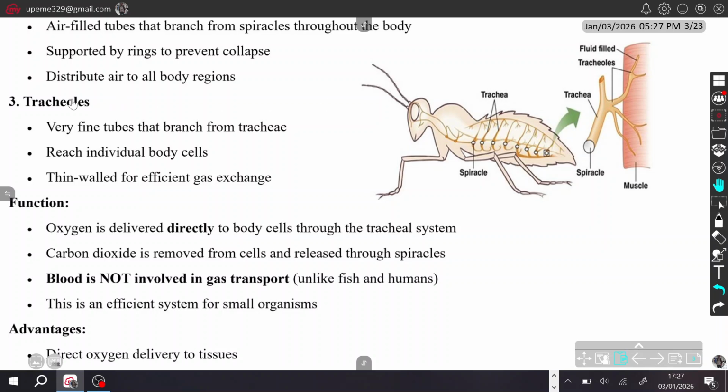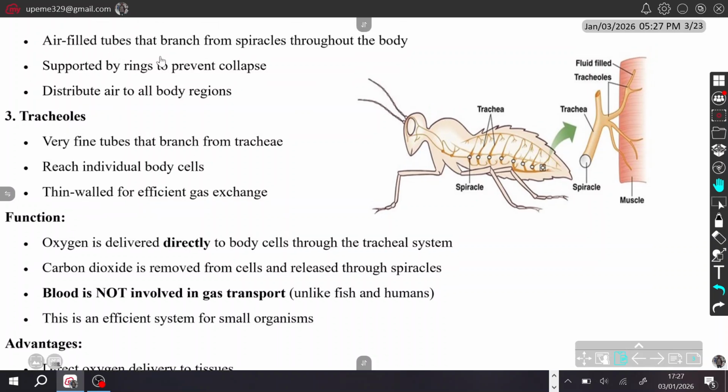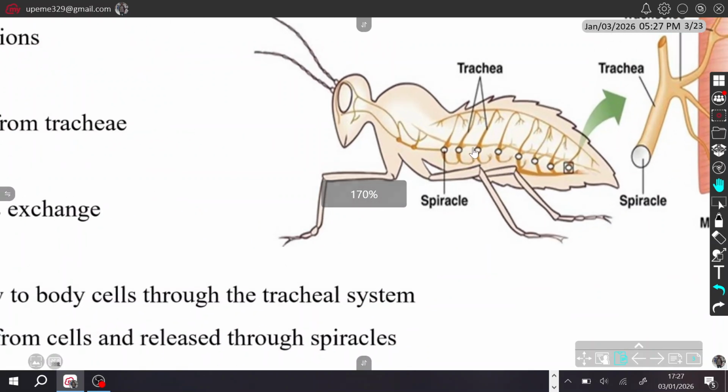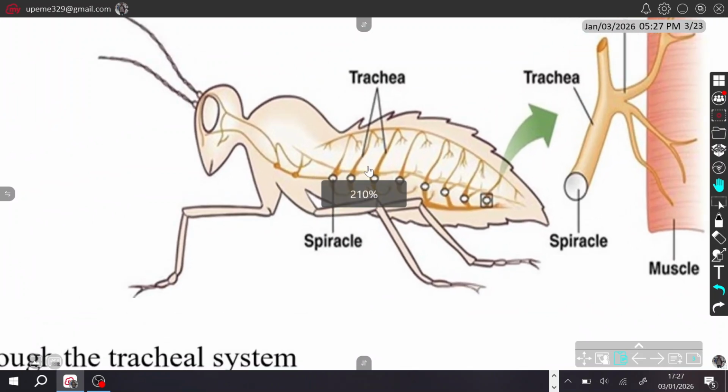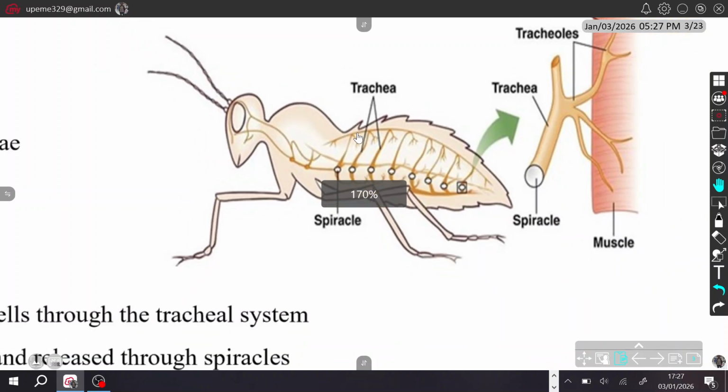From the spiracle, you have the trachea, those lines there. Let me try to zoom so that maybe you may have an opportunity to see clearly. So if this is a spiracle, then these tubes here are the ones we are referring to as the trachea.